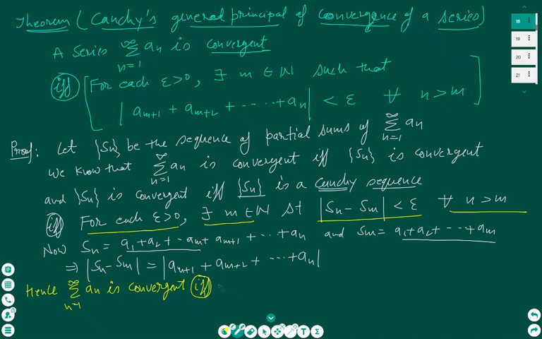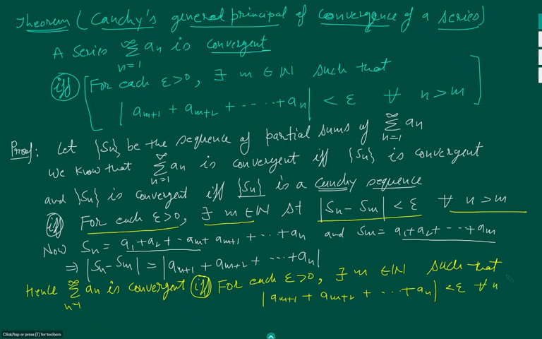So, if and only if for each real number epsilon positive, there exists a natural number m such that |Sn - Sm|, which is |a(m+1) plus a(m+2) plus up to an|, is less than epsilon for all n greater than m.